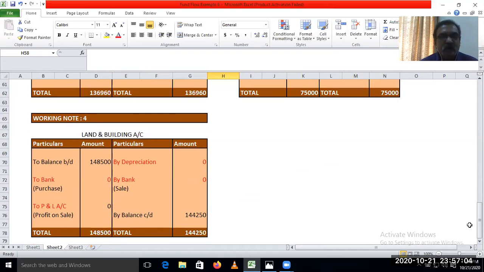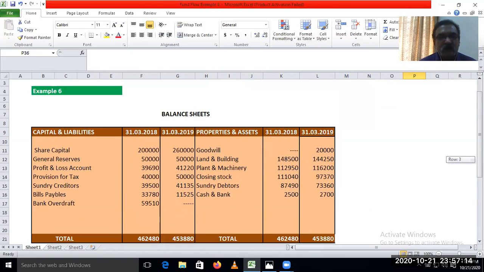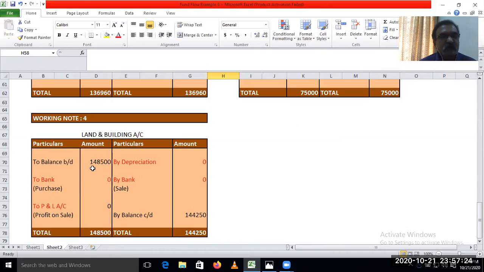We have to find out. So we'll go to working note number 4, land and building account. Check out the opening balance and closing balance. Go to the example, balance sheet, land and building opening balance 1,48,500, closing balance 1,44,250. So I have written over here 1,48,500 and 1,44,250.